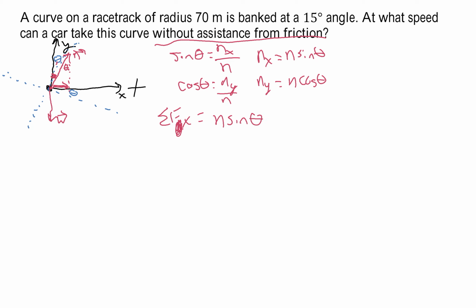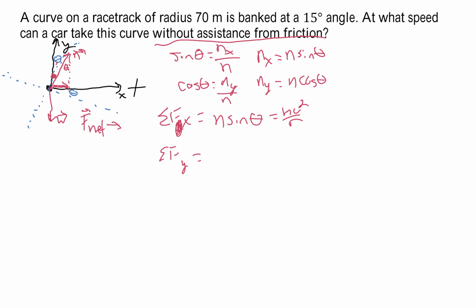Okay, now there is acceleration in the x direction because we have an F net going that way. So this equals mv squared over r. We're going to leave that like that for now. And we'll do the sum of the forces in the y direction.